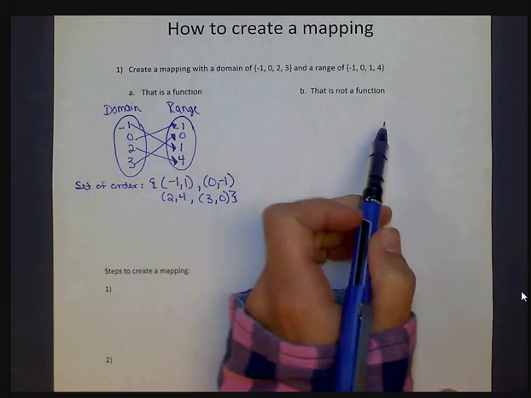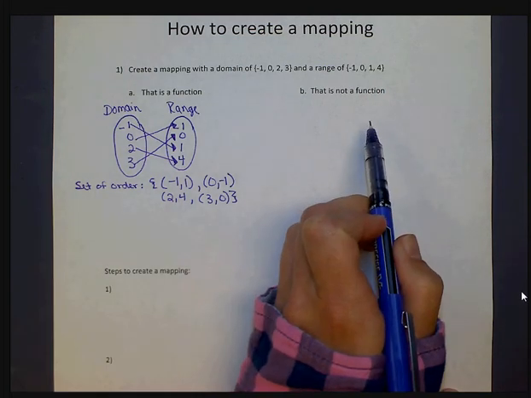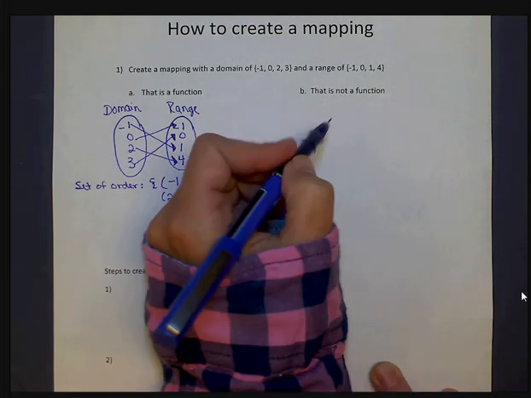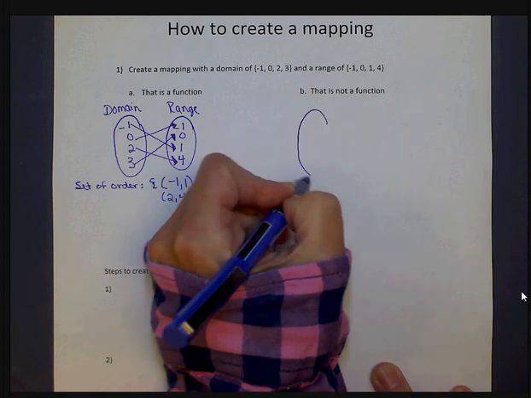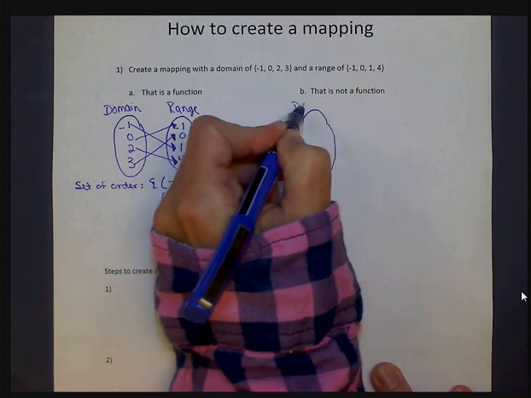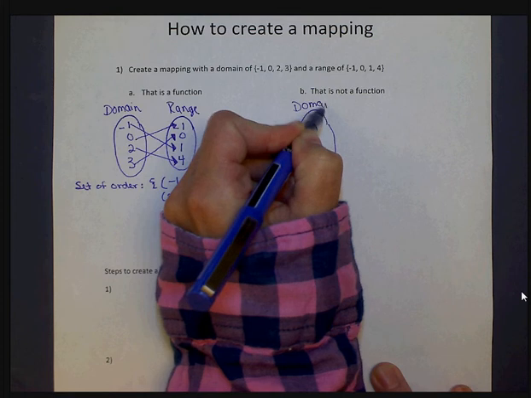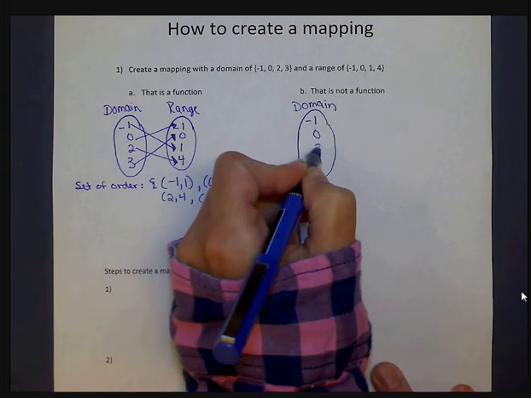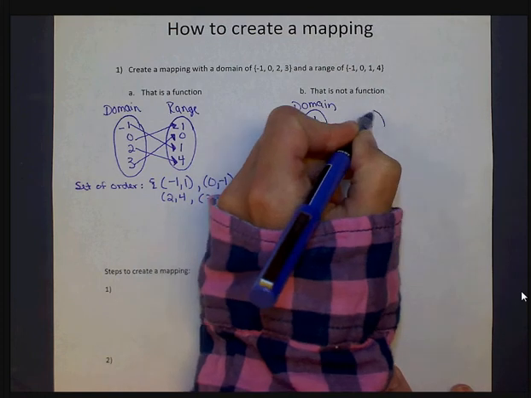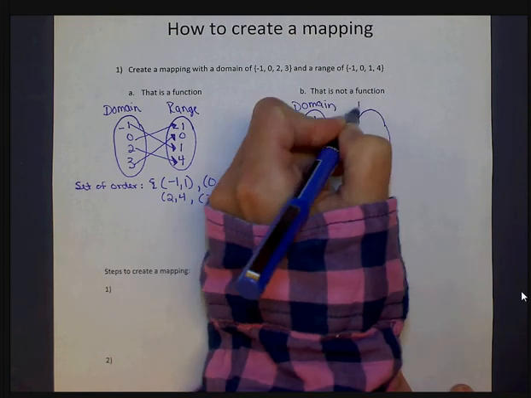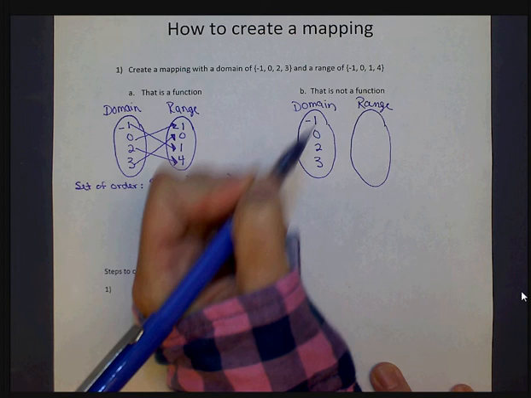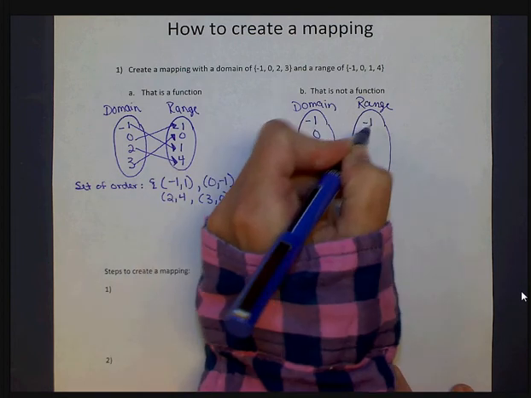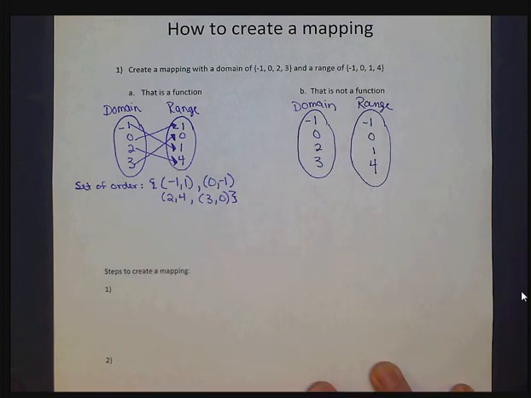So to create a mapping that is not a function, we're still going to create the domain oval by drawing an oval, writing domain in front of it, and placing our domain values in the oval. And we will create a range oval, and we will put the range values in that oval.